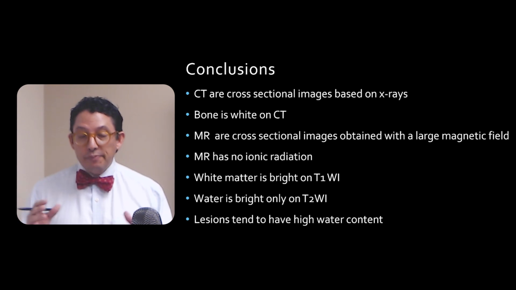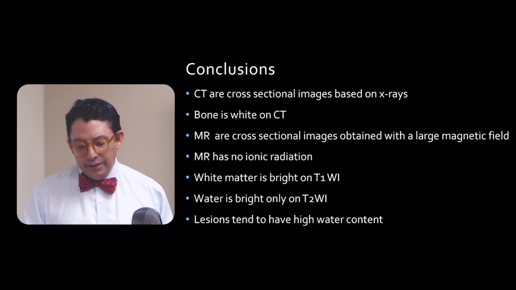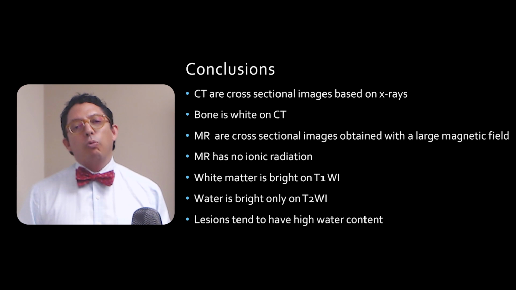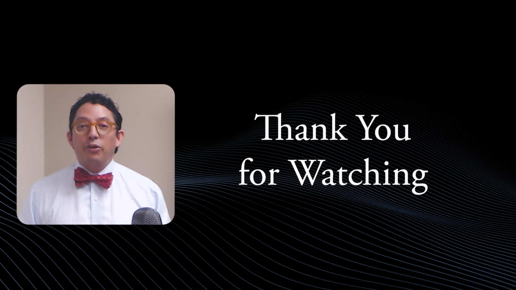And those are the main sequences. And the reason we do different T2s is because typically disease tends to have higher water content, so it's going to be bright on T2 and FLAIR. So that is the end of our first lecture. Thank you for being here.